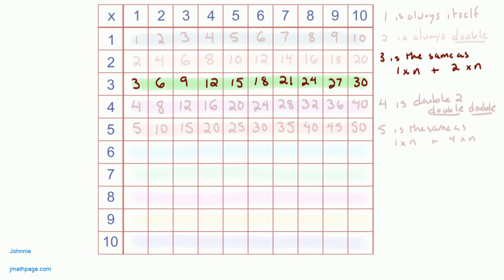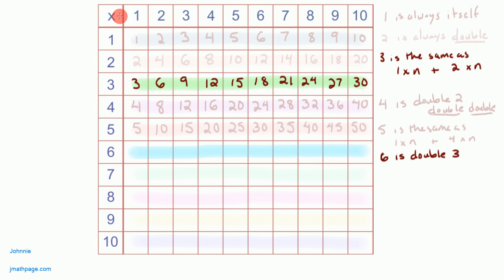Why do we want the 3s? Well, if we're looking at 6, we've got to remember that 6 is going to be double 3, right? 6 is double 3. Let's try that out.